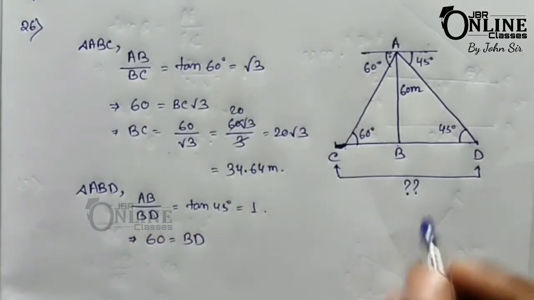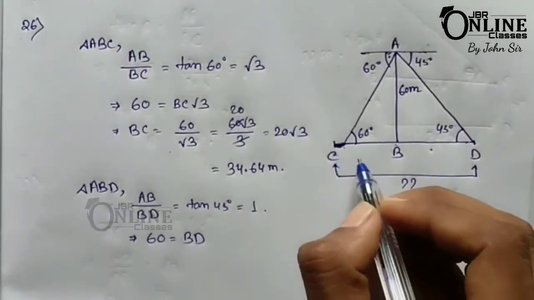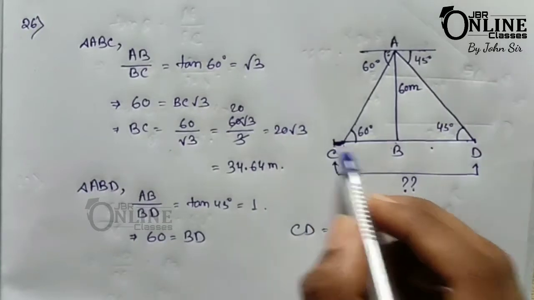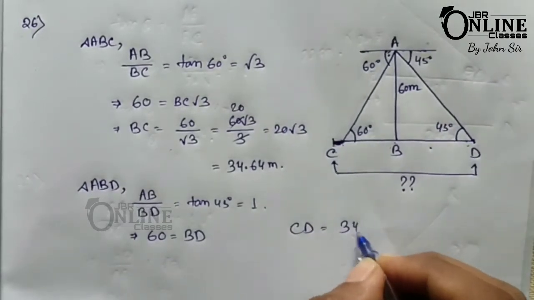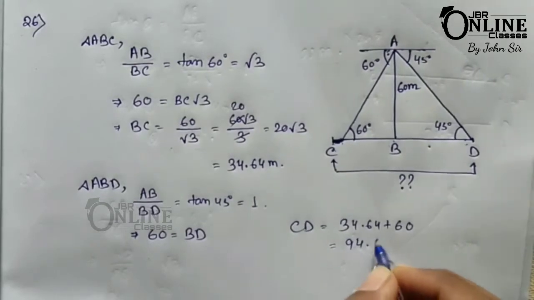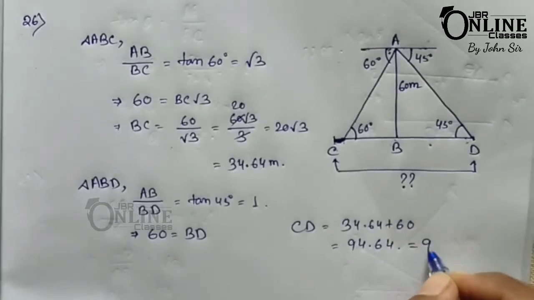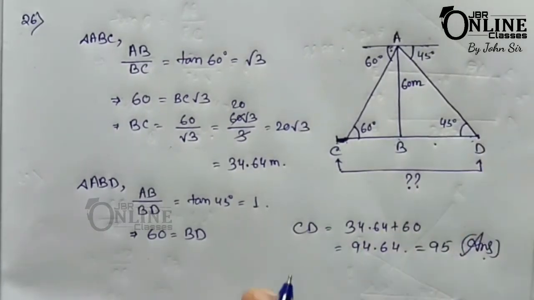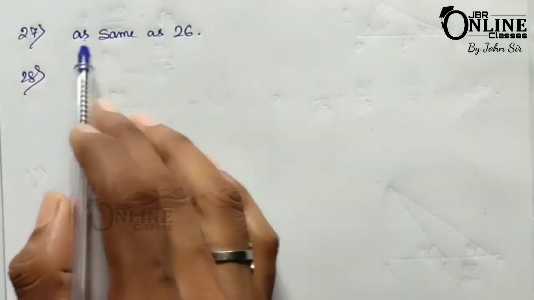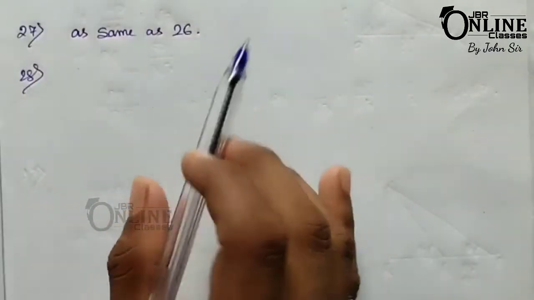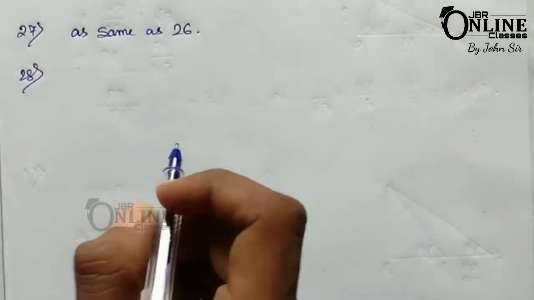Now as BD equals 60 and BC equals 34.64, the value of CD, that means the distance between the two ships, equals 34.64 plus 60, that equals 94.64, which is nearest to 95. So 95 meter is the final answer. Now sum number 27 is the same as sum number 26, so I hope you can solve this problem.